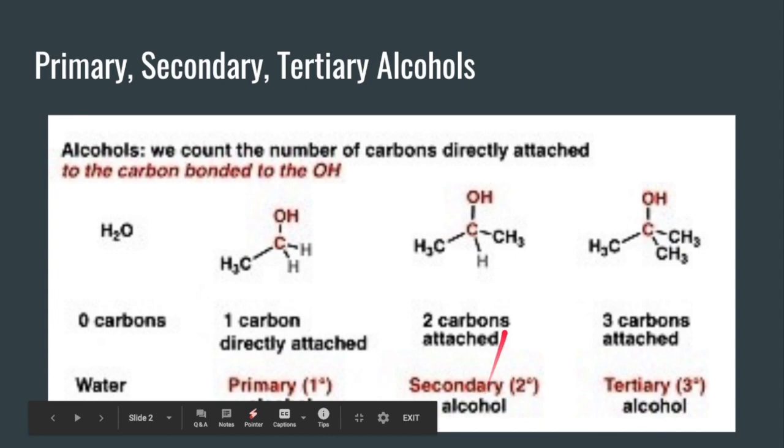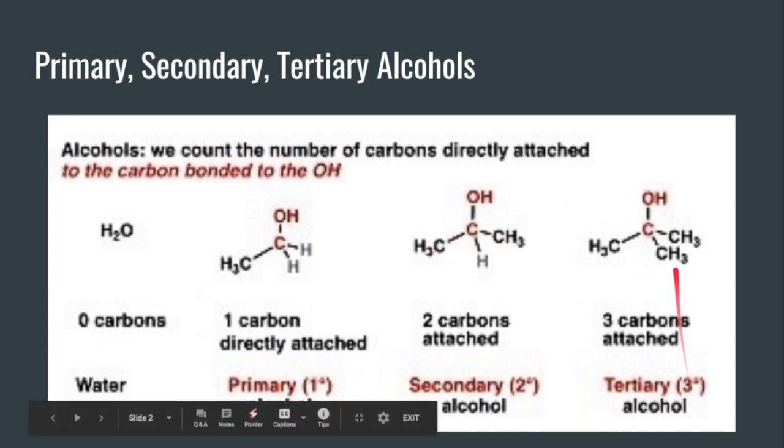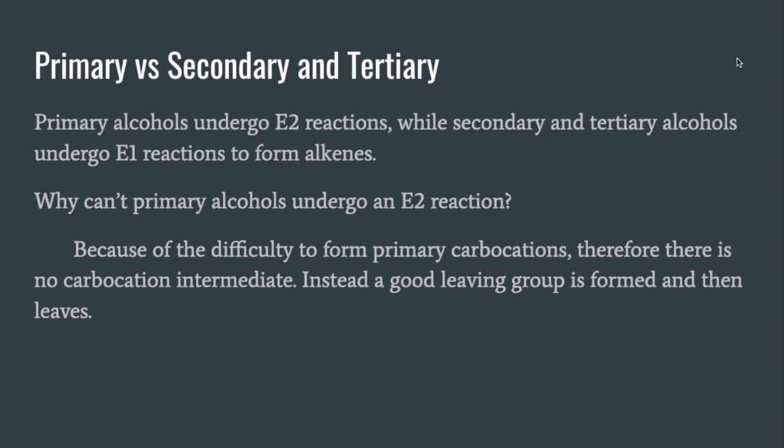Secondary alcohols are when the carbon bonded to the alcohol has two other carbon bonds. And finally, tertiary is when three of the four possible bonds are carbon, and the other one is the oxygen.